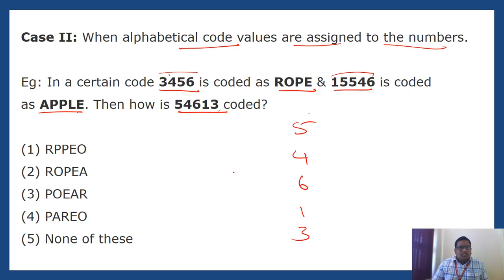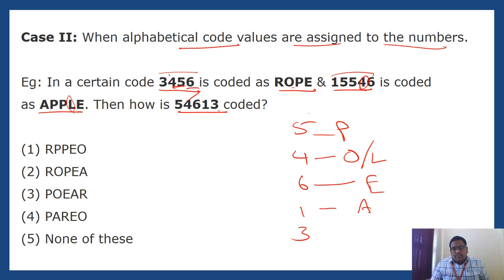So 5 stands for P. Next 4 stands for O, but if you observe, 4 also stands for L. So both possibilities are available. Next 6 means E. 1 means A.